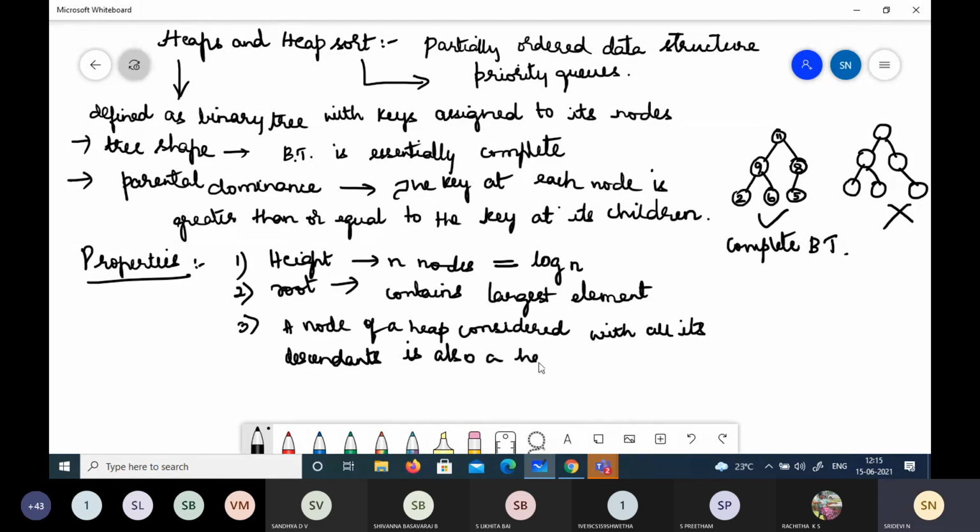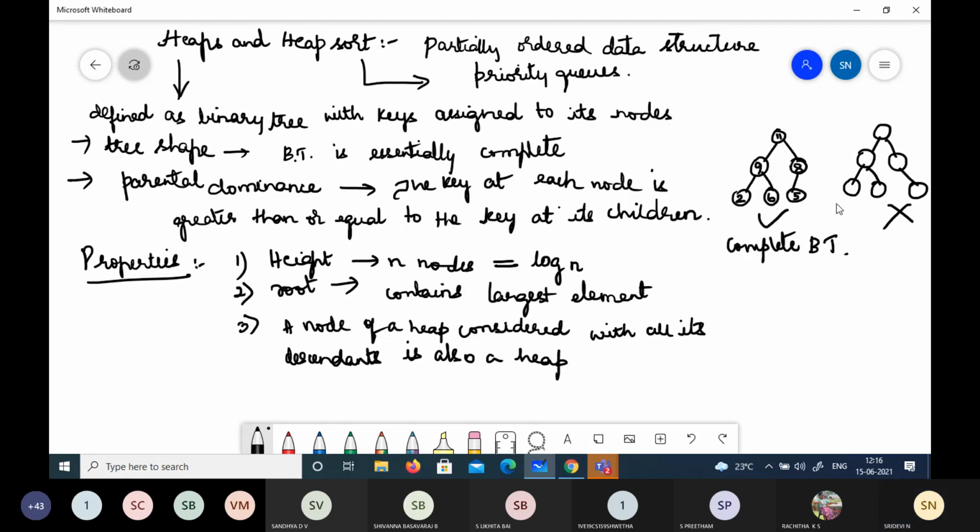This means that any subtree you consider is also a heap. Here, if you consider this, it should also be a heap. Parental dominance should be there. If you take this, its descendants are also a heap. If you take this, all its descendants are also a heap.